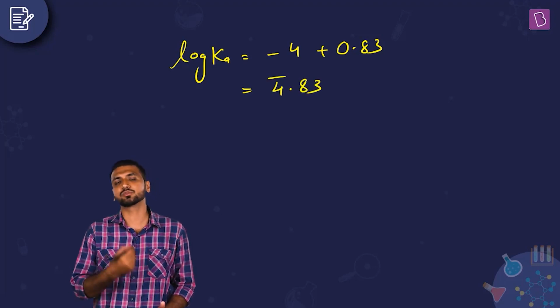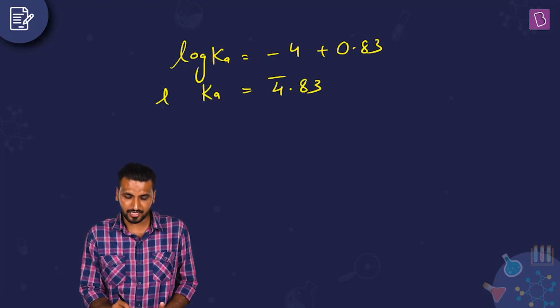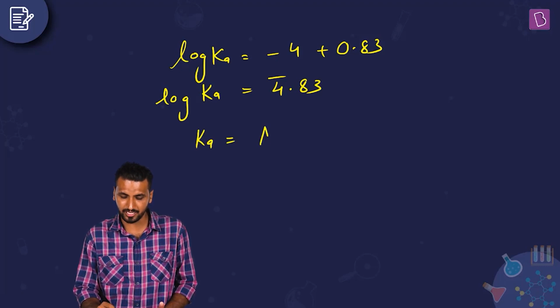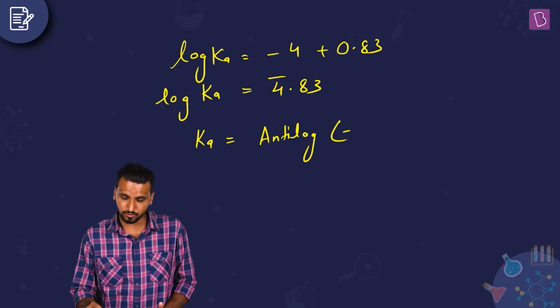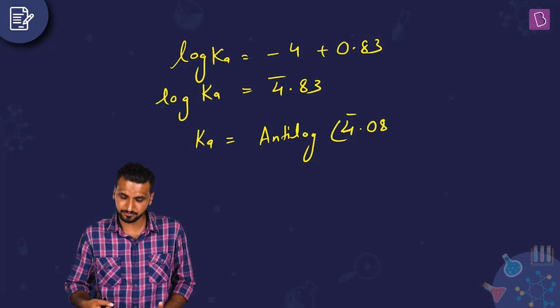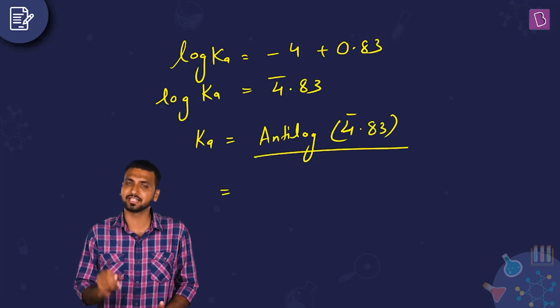This is minus 4 plus 0.83. This is the notation. If I take antilog on both the sides, Ka will be antilog of 4 bar .83, minus 4 plus 0.83. Right? And that's what the value is given in the equation.